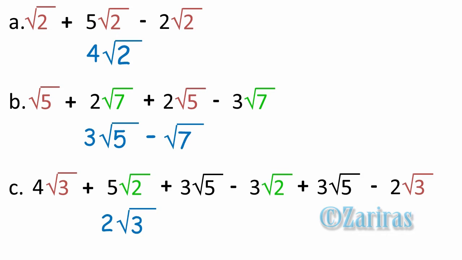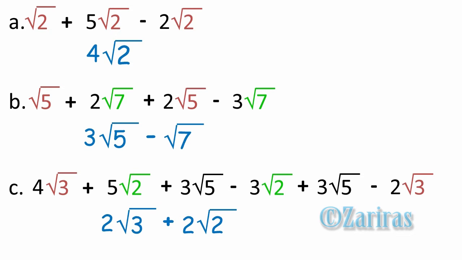So next let's see the root 2. The root 2 set, the coefficients we have are 5 and minus 3. 5 minus 3 is 2. So we'll place the square root of 2. 5 minus 3 is plus 2 root 2. Then root 2 is done.